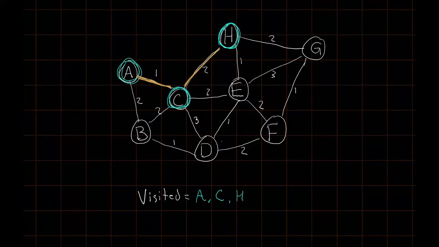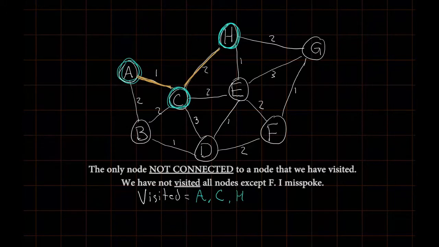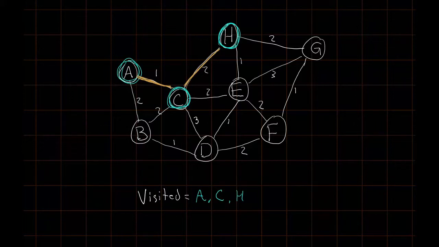And now at this point, the only node that we haven't visited in the entire graph is F. So we pick the least weighted edge connected to the set that we have visited, and at this point it looks like it's going to be the edge from H to E, so we'll add that edge to our minimum spanning tree, and we will have visited E, and at this point we have visited enough nodes that we have connections to the rest of the nodes in the graph.